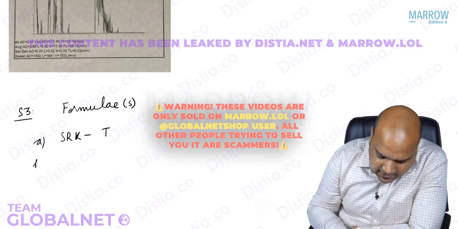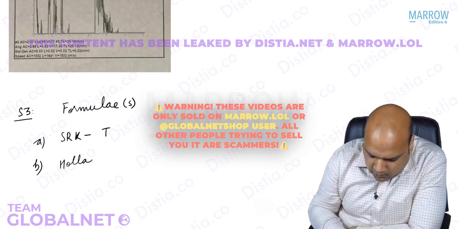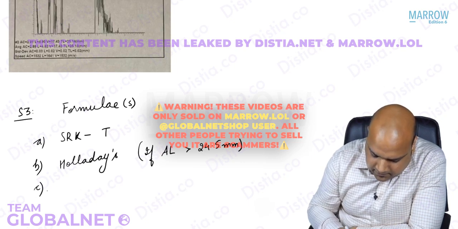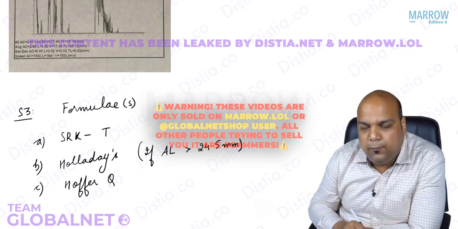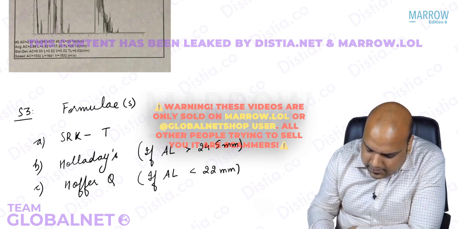Okay. But we have to change the formula to Holladay's formula if the axial length becomes greater than 24.5 mm. We use the Hoffer-Q formula if the axial length is less than 22 millimeters.